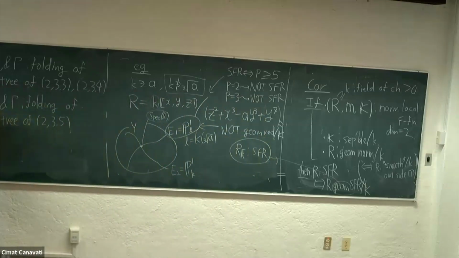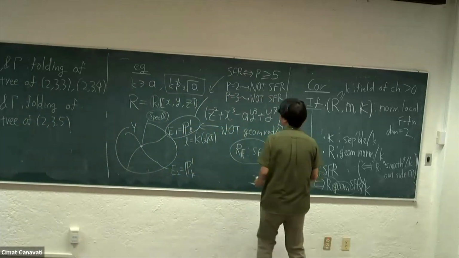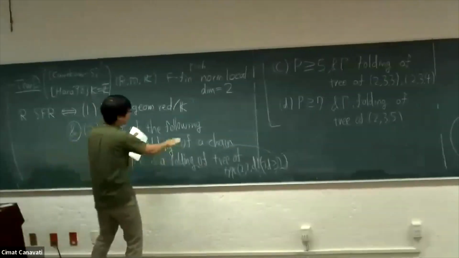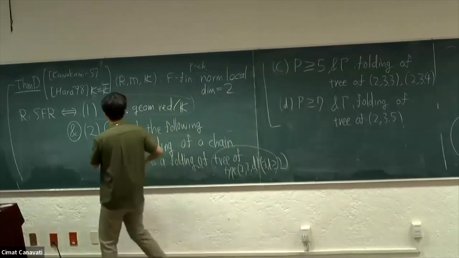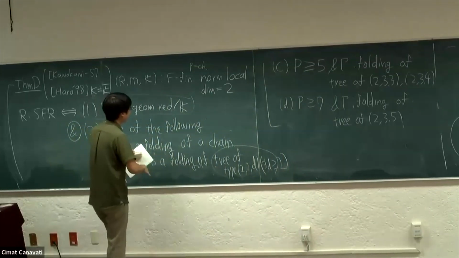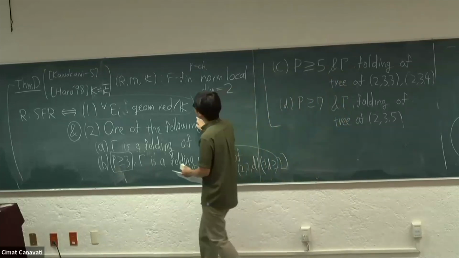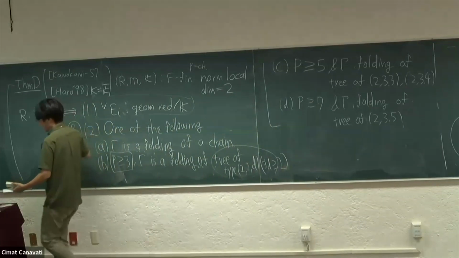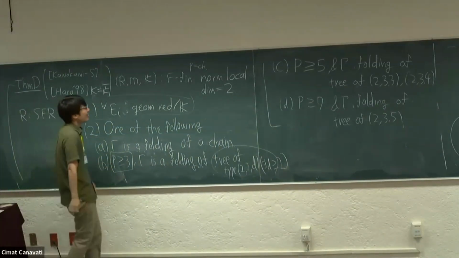We can show it by Theorem C, because actually the second condition seems to be preserved under it. Anyway, I can prove the corollary easily, but I skip it because of time. Okay, thank you very much.